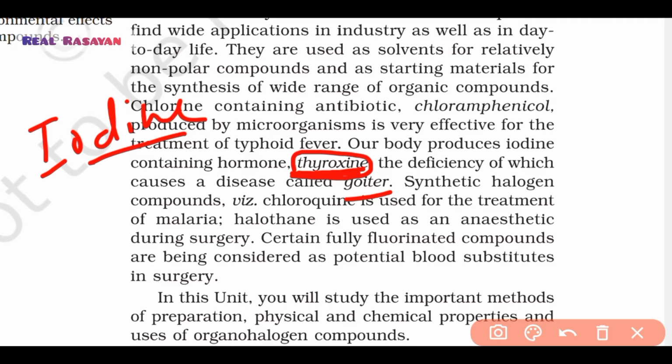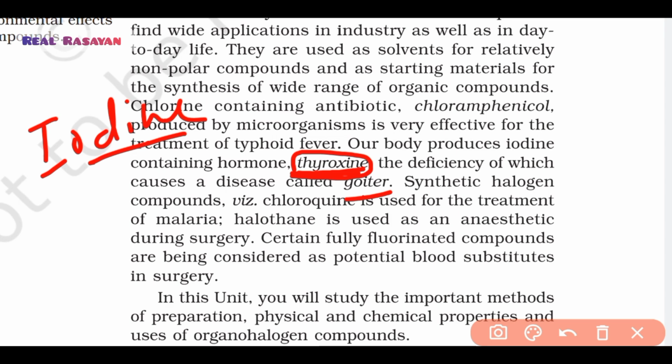Why will it happen? It will be possible with the deficiency or insufficient secretion of thyroxine, which regulates the iodine in our body. If there is a deficiency of iodine in our body, then what should be advisable?